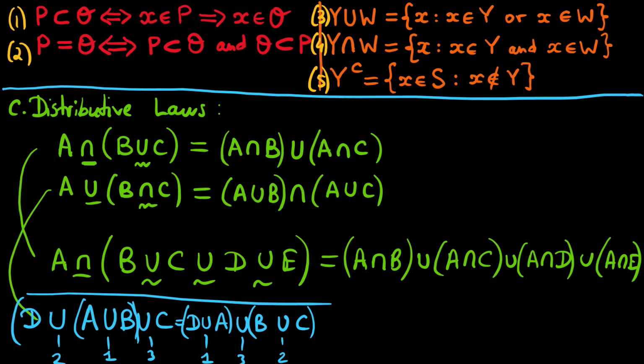So associativity says that if you have a chain, basically a bunch of sets held together by the same operator, union in this case, it doesn't matter which operation you do first.